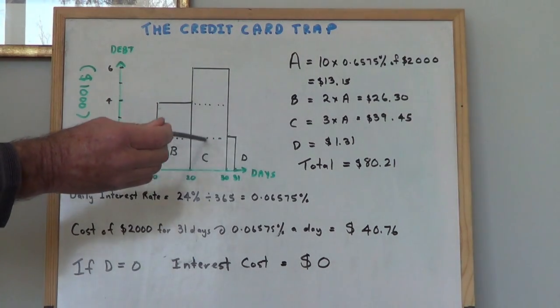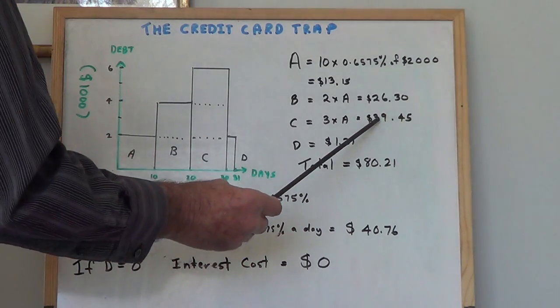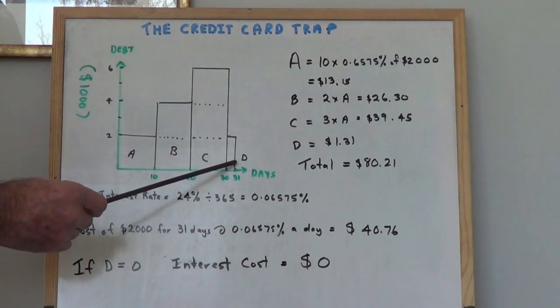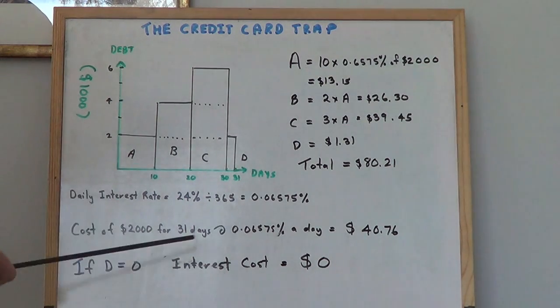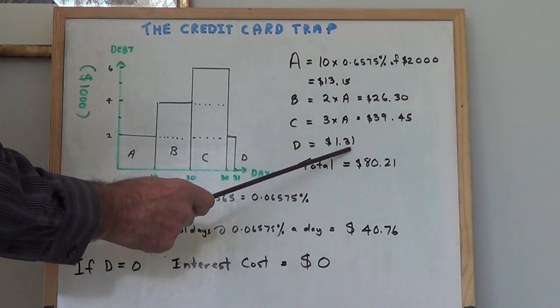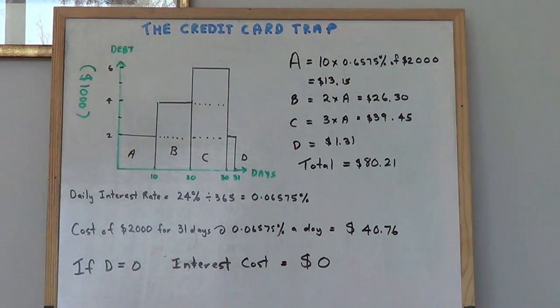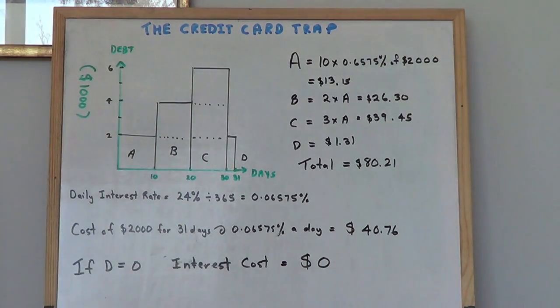And C is 3 times as much as A, so that will be $39.45. And then D, you just have 1 day at $2,000 at this percentage, and that's $1.31. When you add all that up, you get $82.21, which is almost twice that, and you would not be expecting it. That's the first trap, right?